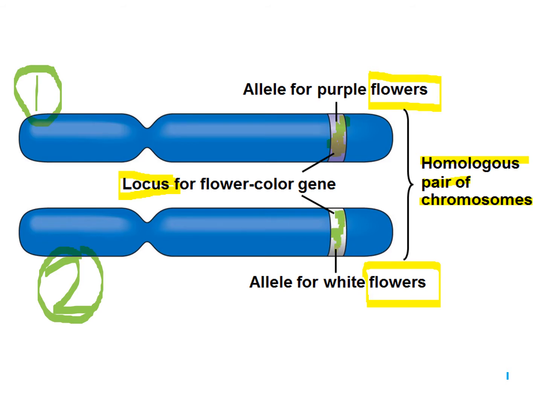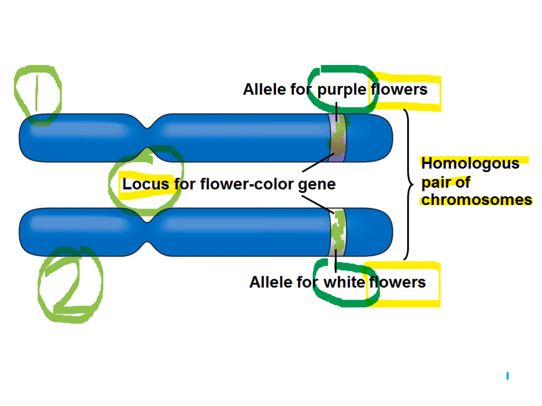But most importantly, since they are homologous chromosome pairs, the locus is the same. In other words, the position of the gene on each chromosome is exactly the same. The gene is flower color. However, the expressive form of that gene may differ. Chromosome number 1 codes for a purple flower, whereas chromosome number 2 codes for a white flower.